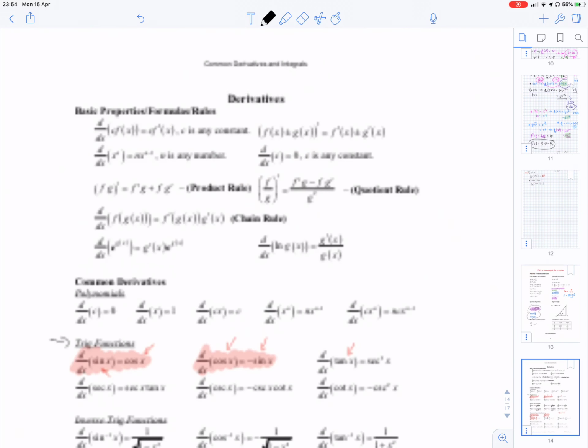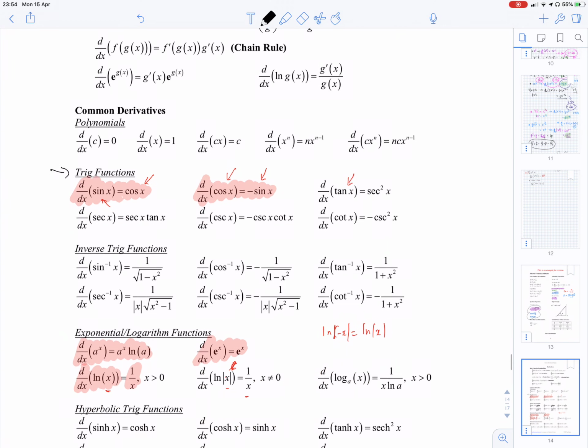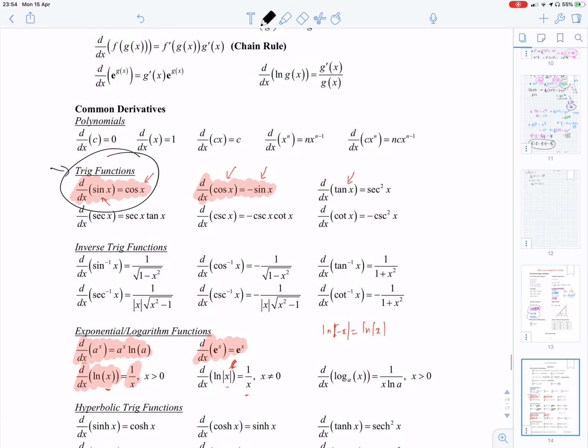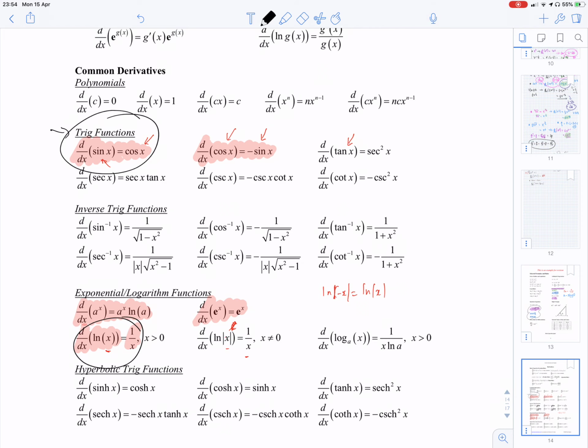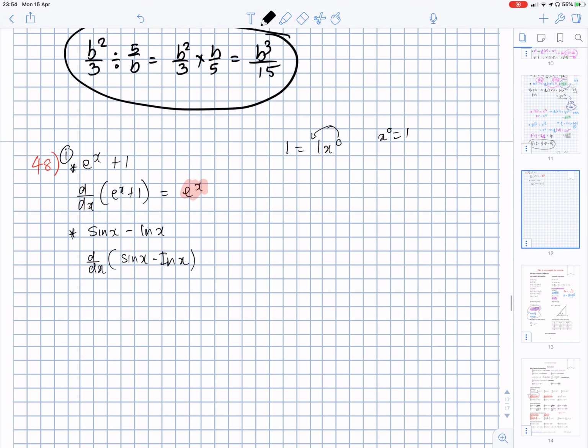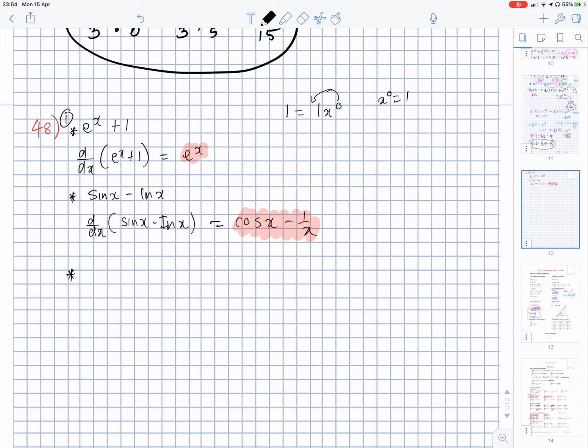You just need to remember that the d/dx for sine x is just cos x, and for ln x, which is here, is just 1 over x. So this becomes cos x, and there's a minus, so it's minus 1 over x, and that's it. If you have an exam, you just need to remember that.